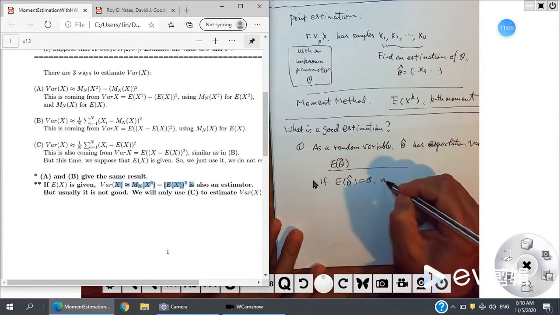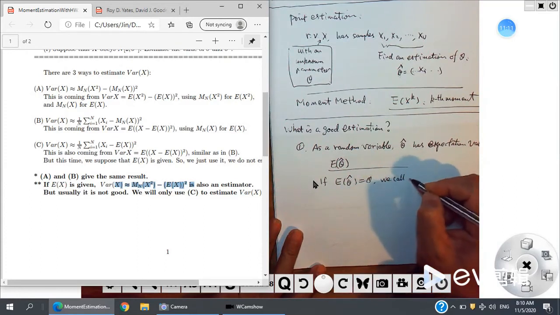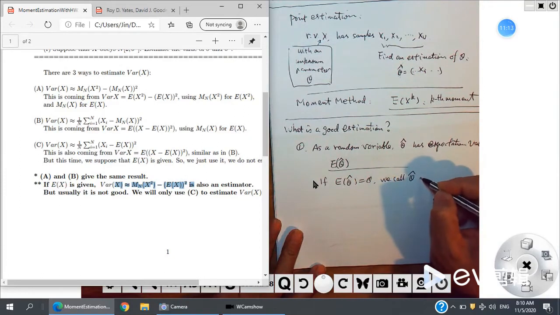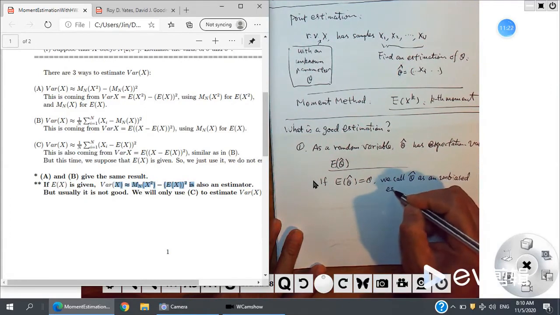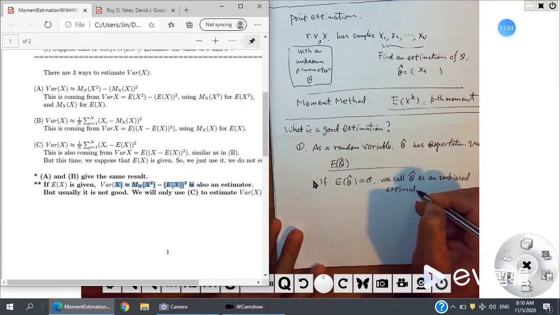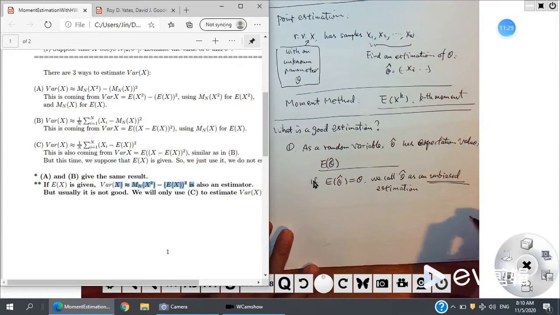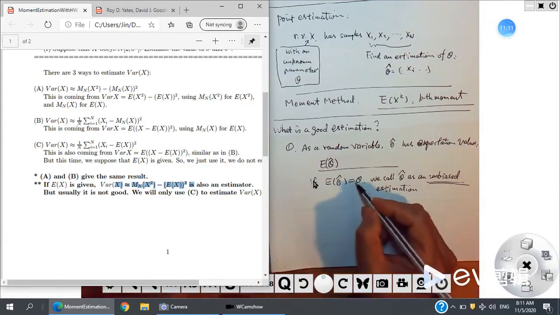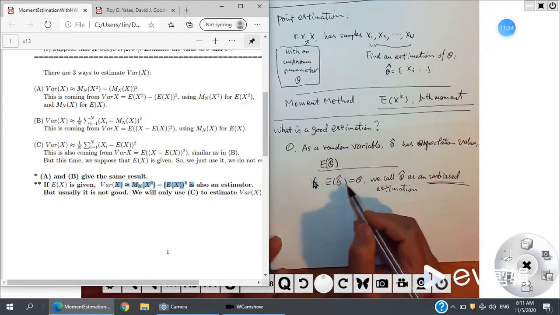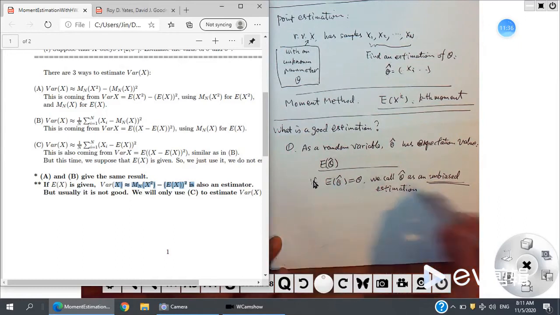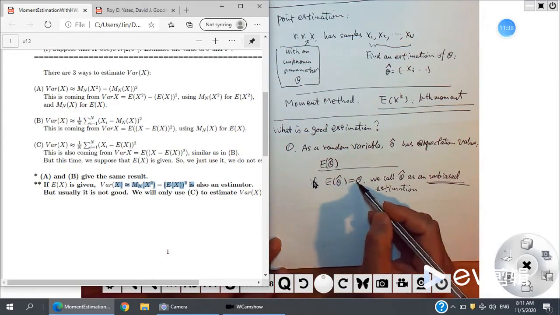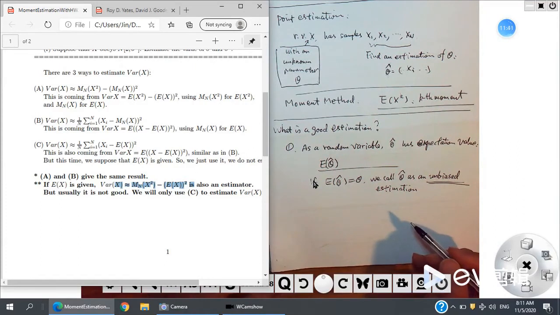We call theta hat an unbiased estimation. That means, yes, you still have some error, but the average will be good. If you estimate like 10 times and take the average, that should be very close to theta. Right? The average will be that.